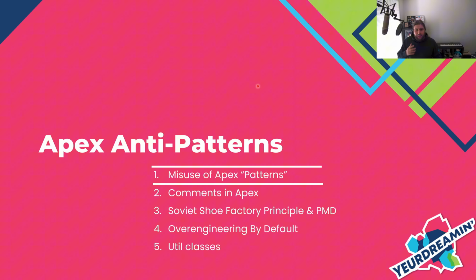So I'm not going to stop on each and every one of them, but I would proceed directly into the first one. Apex patterns, in parentheses, primarily because patterns definition in Apex is sometimes mixed with a library.